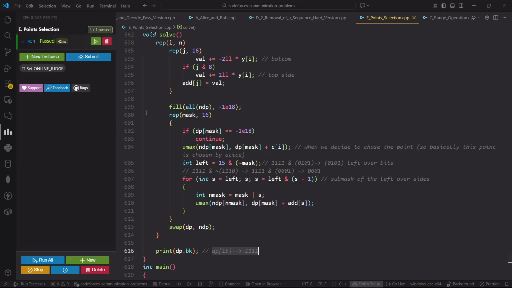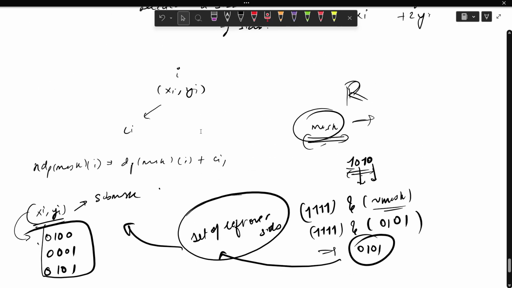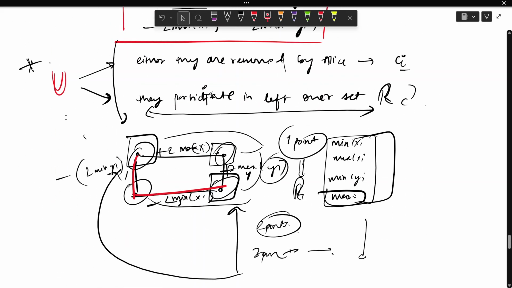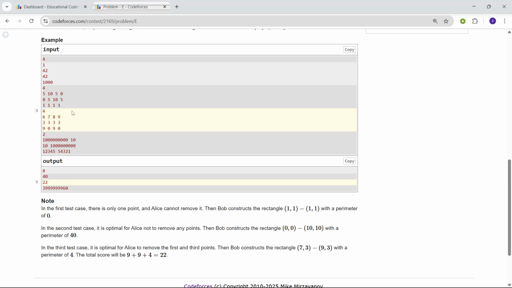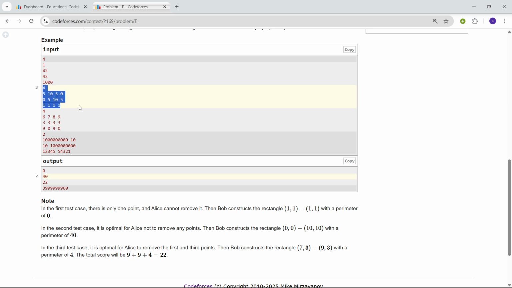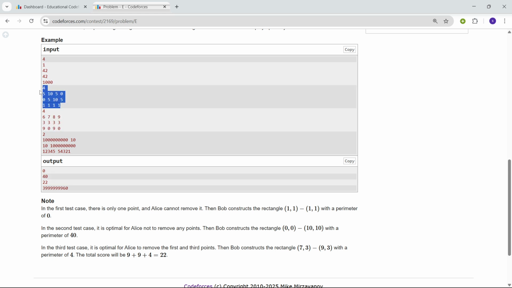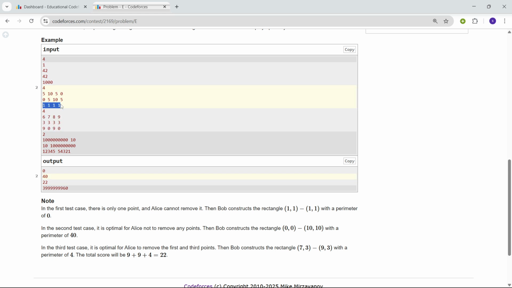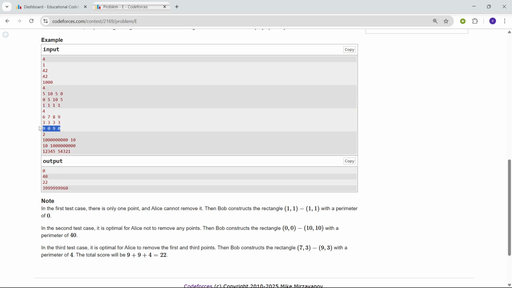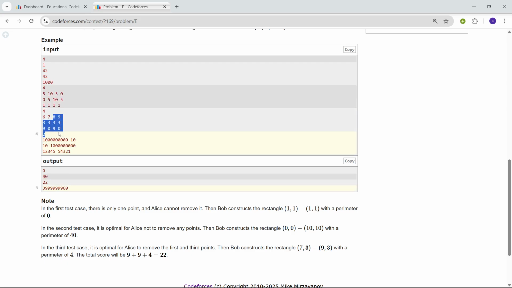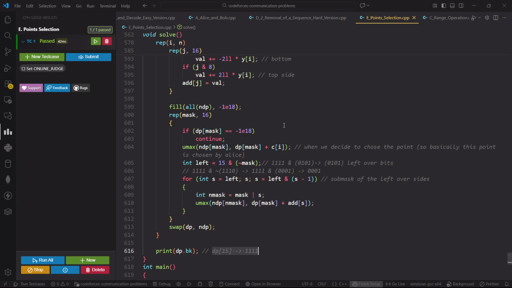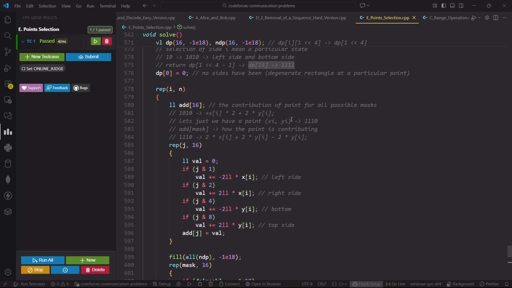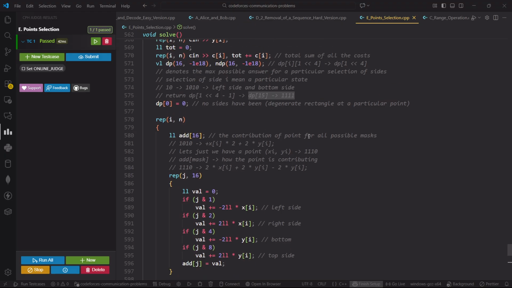I think the hardest thing to grasp in this problem is probably this side logic. If you can go through this, or maybe this example, no, this one is not great. We can probably tweak some values in this example, change some y's and x's and try, and that would make this more understandable.